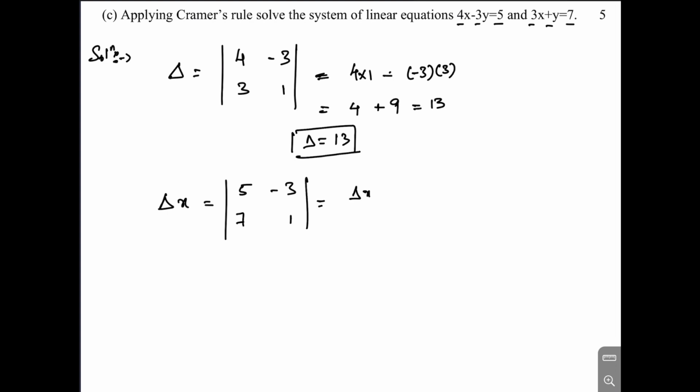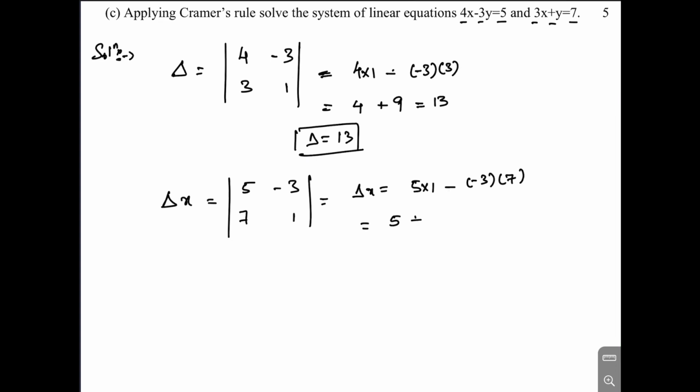So delta x equals 5 into 1 minus minus 3 into 7. 5 into 1 is 5, minus into minus plus, 7 3s are 21. So we'll get 26 as delta x.